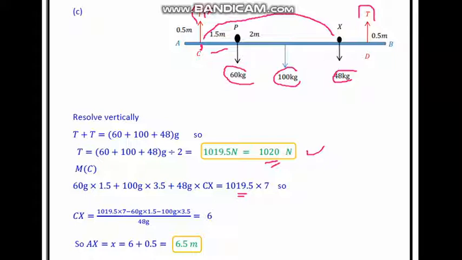This will be by minus, and this part will be by minus, and this will be divide, using divide to get Cx. So Cx equals 6. The question is about Ax, not Cx. So from here to here, Cx is 6 and AC is half, so x equals 6.5. I hope you got it.